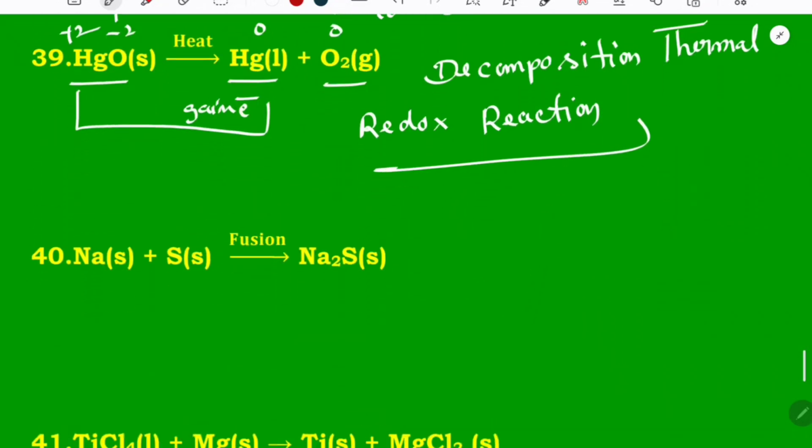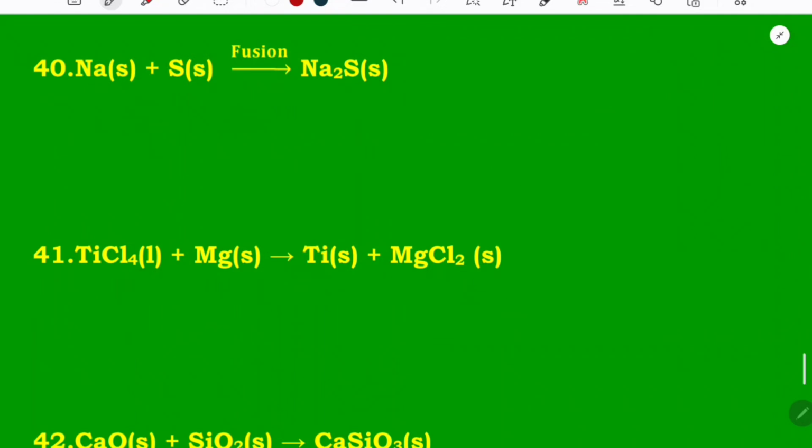Next one. Sodium is reacting with sulfur to form sodium sulfide. Two or more reactants combine to form a single product, so it is a combination reaction.